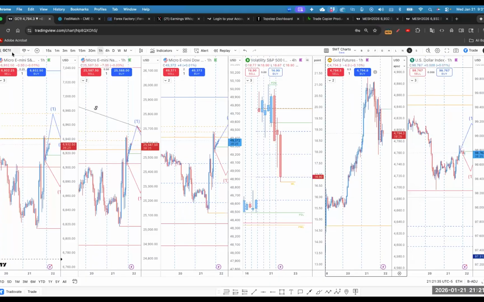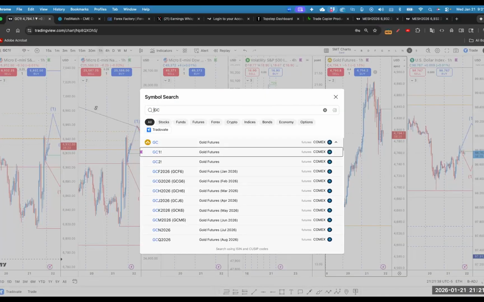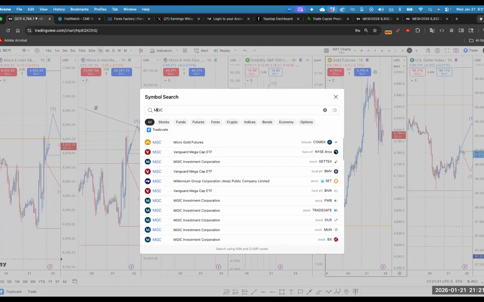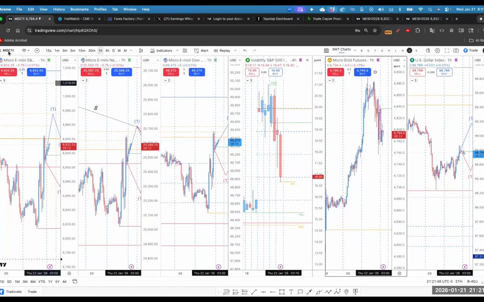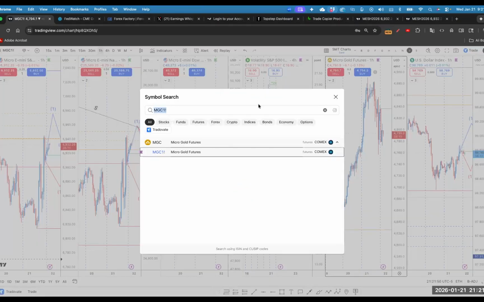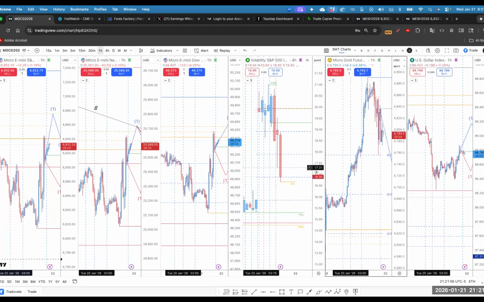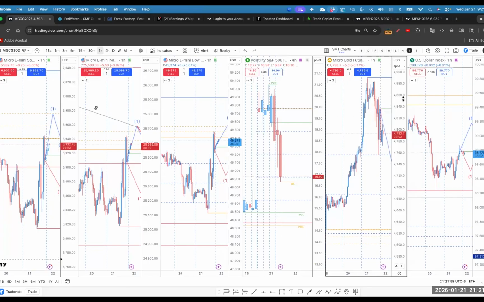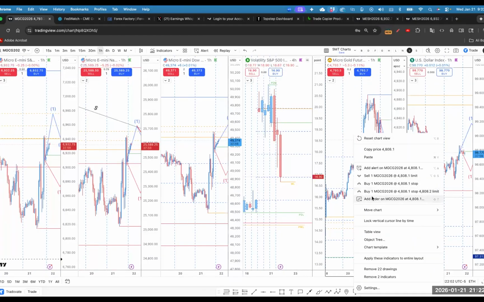Okay. So every time I'm on the chart, this is what I'm looking at, one of these. We're in the February contract on gold, and the same thing we looked at before applies.